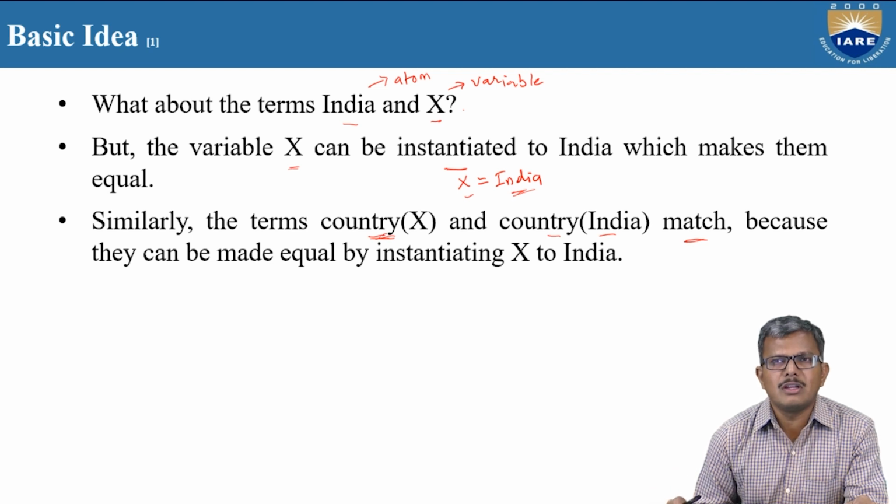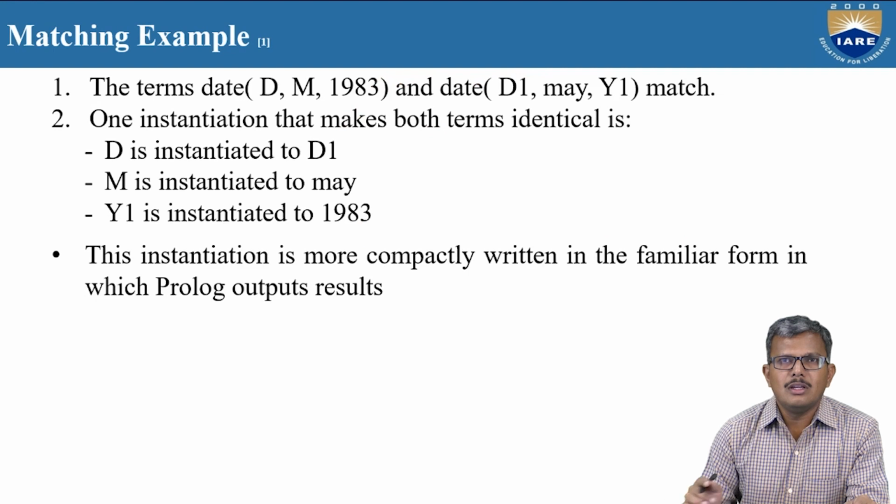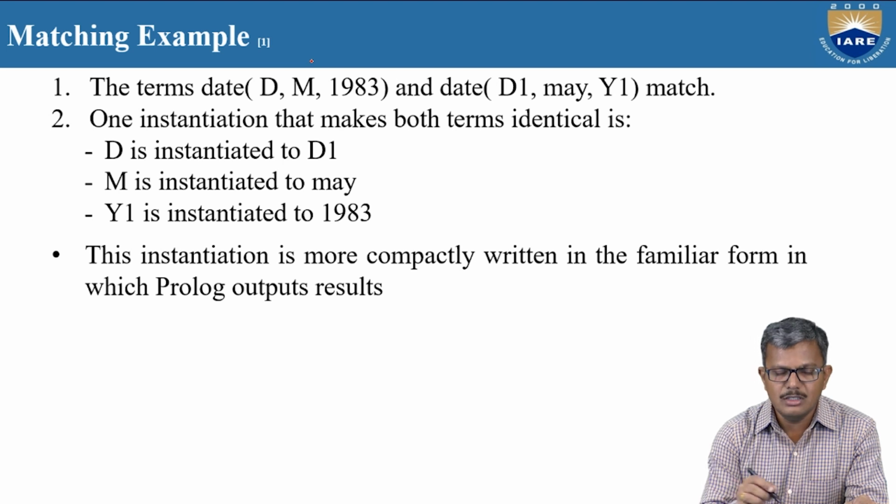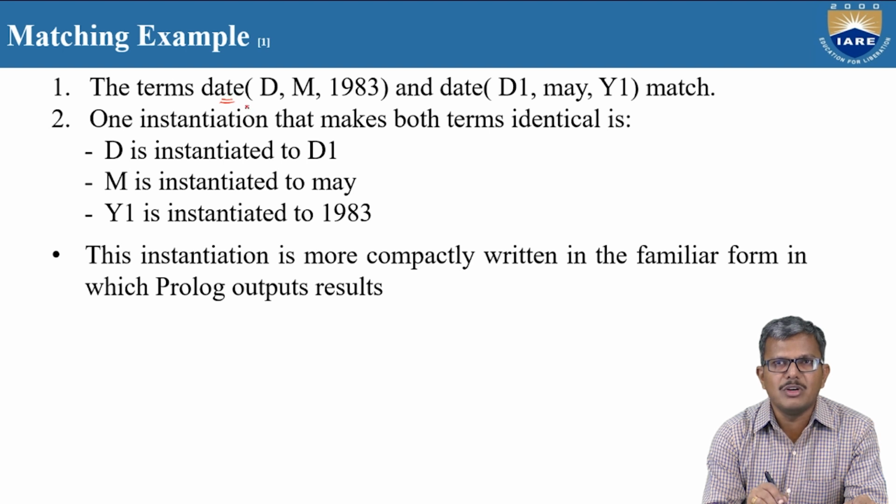So this is one of the observations we need to look into. Let us take some more examples. I'm trying to increase the complexity of matching here. We have taken a complex term, because it is represented in the form of a relation and a list of arguments. Here the arguments are D, M and 1983.